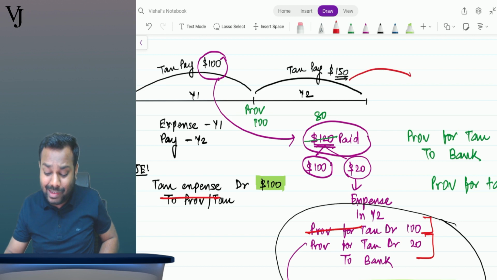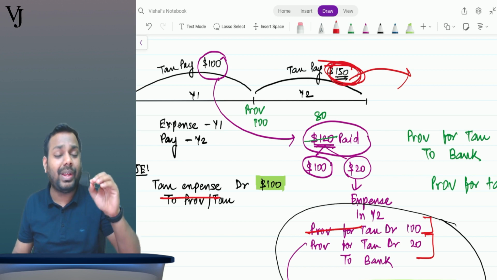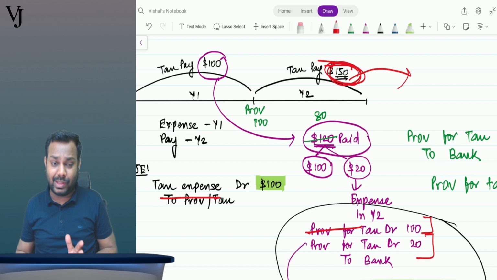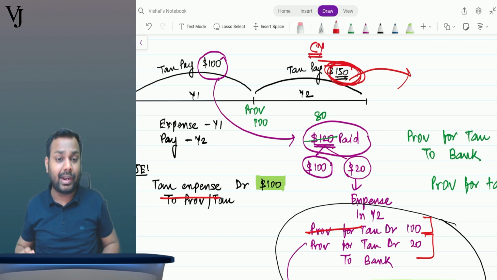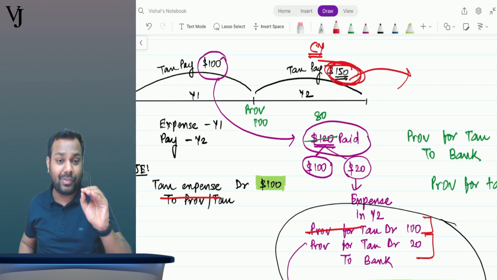What goes to the next year is only this. And that's why 150 is the amount of tax payable for the current year. So this is the amount to be recognized in the statement of financial position, and I believe this concept is very much clear to you.